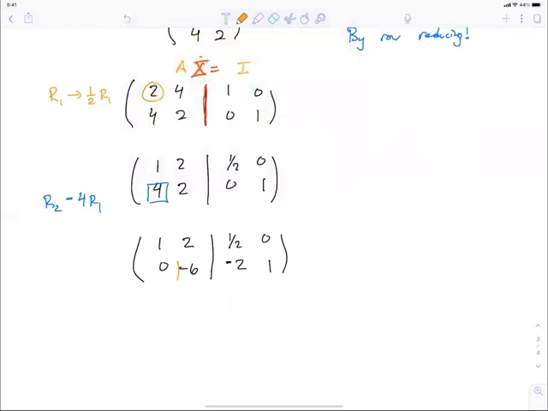Then we're going to scale this row, that second row, by -6, by dividing it by -6, or multiplying by 1/6.